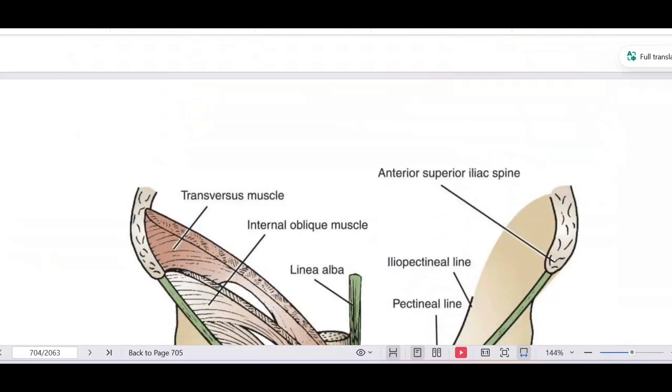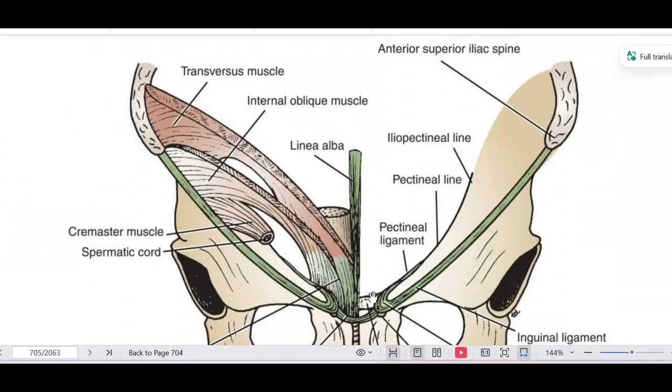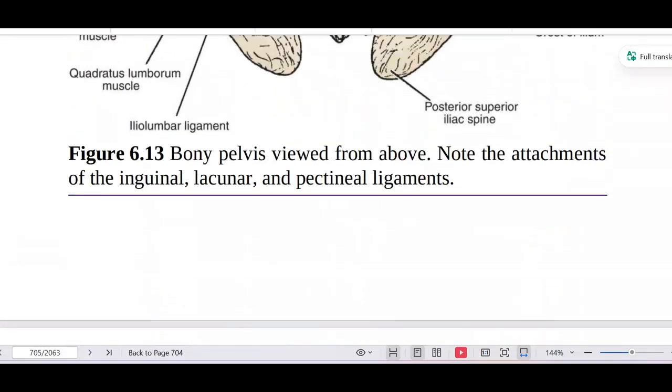You can also visualize this from the diagram: the lacunar ligament is going backward, and this is the pectineal line on the superior ramus of the pubis, and here it becomes continuous with the thickening of the periosteum, forming the pectineal ligament. So the curved part of the inguinal ligament is called the lacunar ligament, and then it goes up and becomes continuous with the pectineal line, and that part is called the pectineal ligament. So that was about the inguinal ligament.